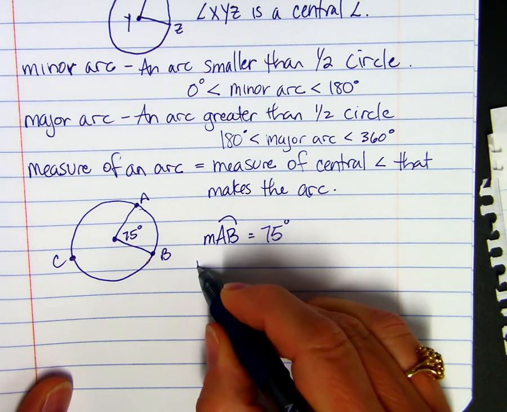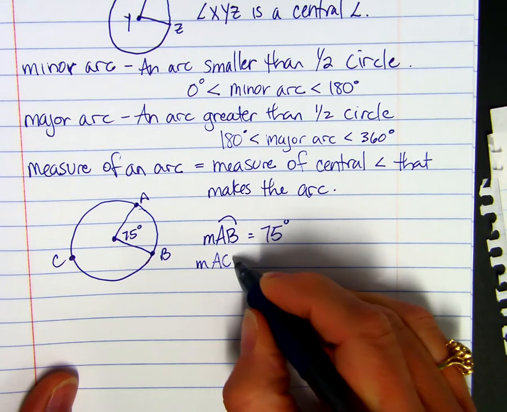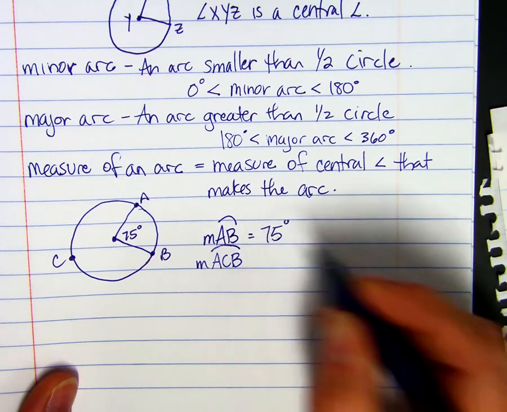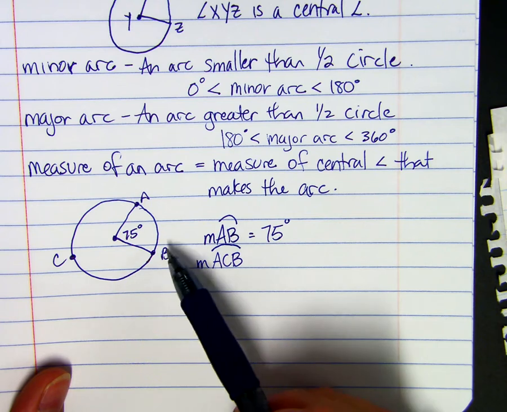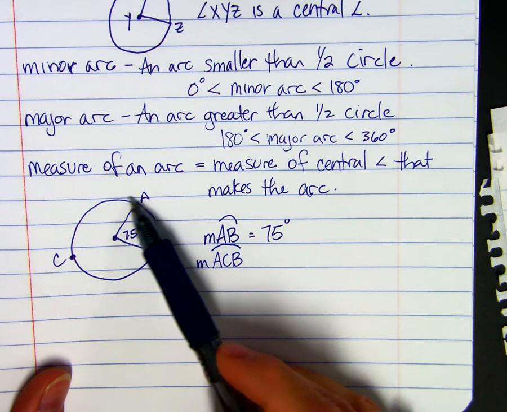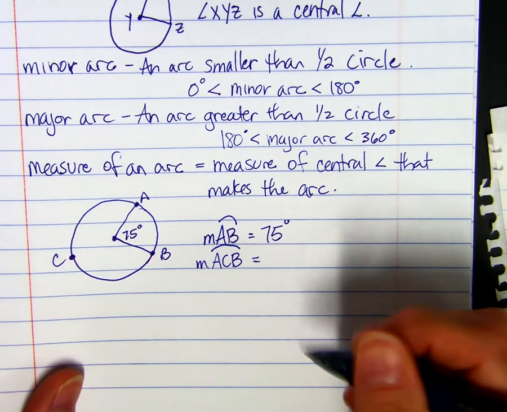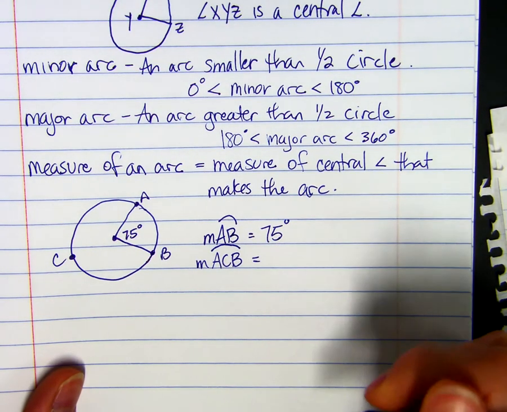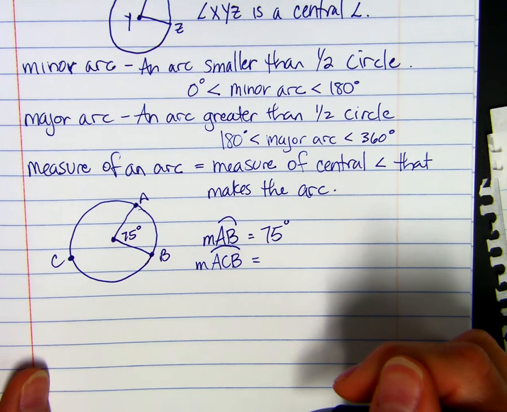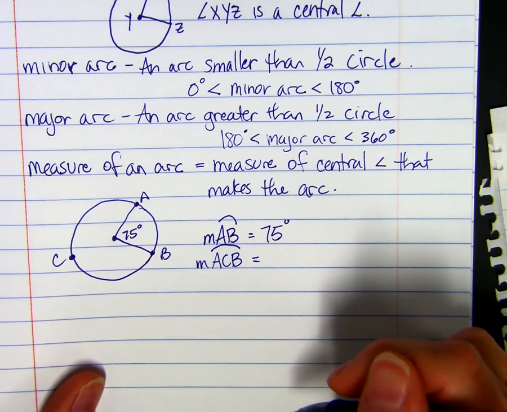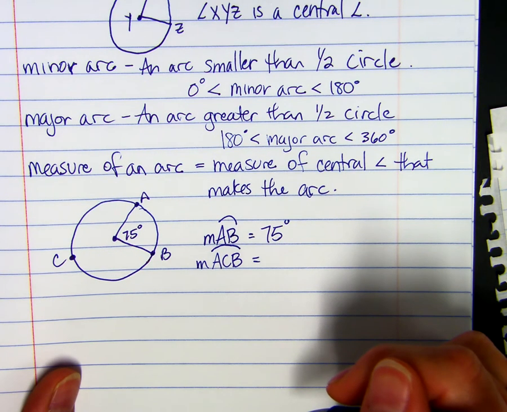The measure of arc ACB, so if it's a major arc, we're going to use the 3 letters and go through the center letter to get to the end, is going to be 360 minus 75 degrees. So, another 15, 385. No, 360, 285.